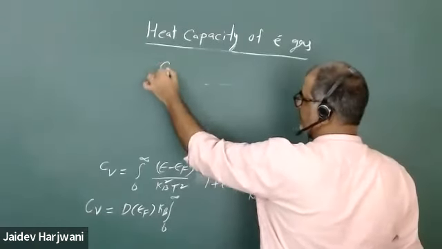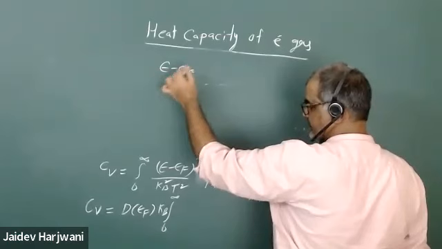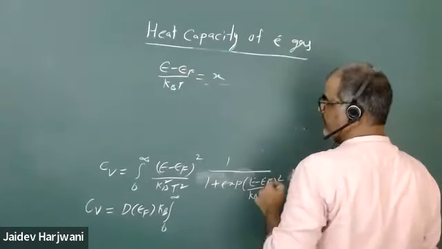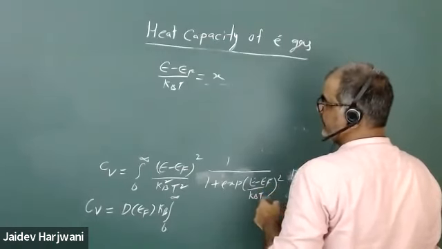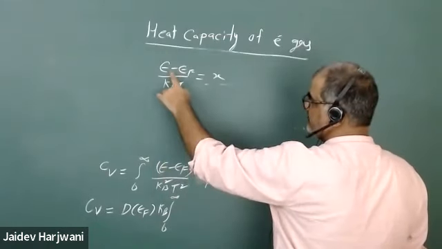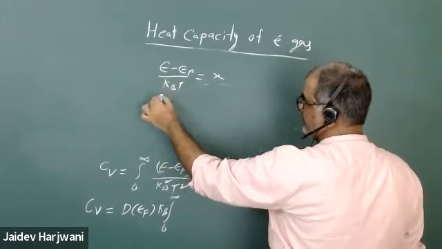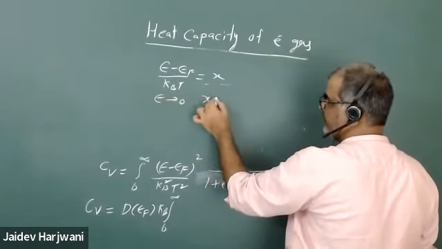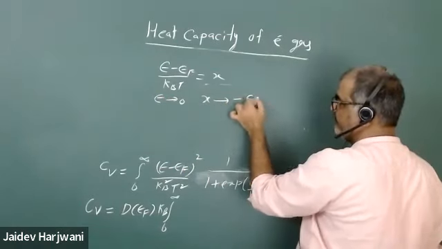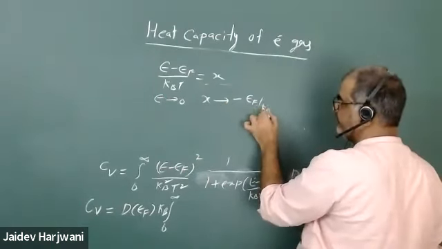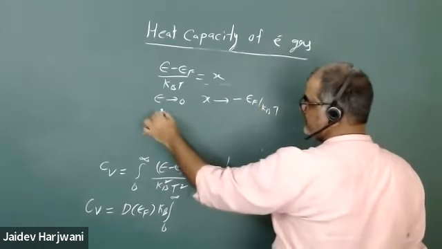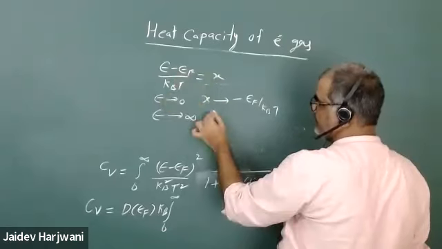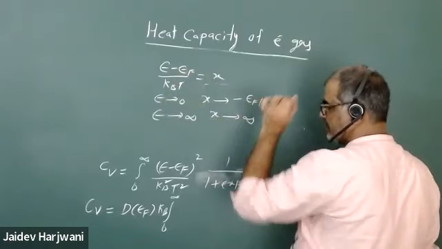So I'm putting (E minus E_F) by k_B T as x. When E is 0, x tends to minus E_F by k_B T, and when E tends to infinity, x also tends to infinity.